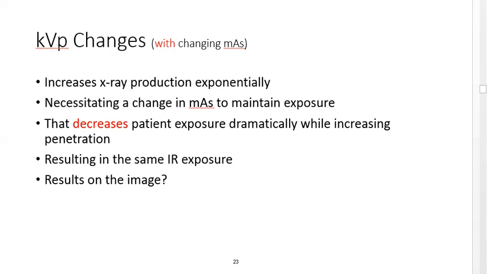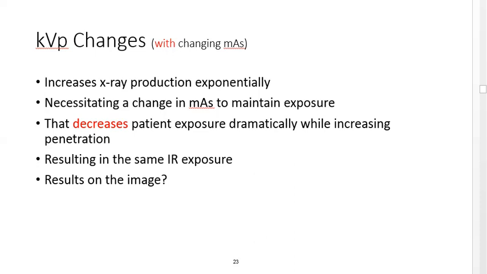The result on the image, well, if we were using film, then we would lose some contrast. Our image quality would actually decrease. Remembering from the last section that our image quality factors were sharpness of recorded detail, actually, from this section as well, sharpness of recorded detail and contrast resolution.